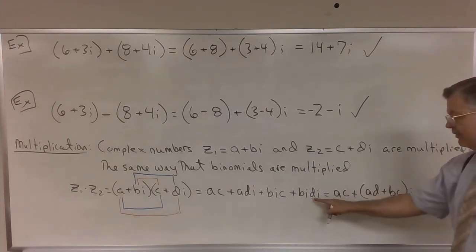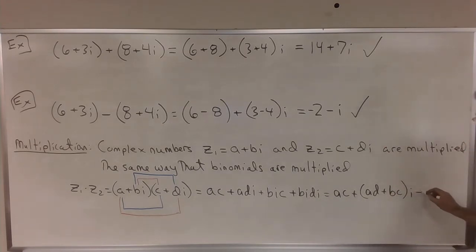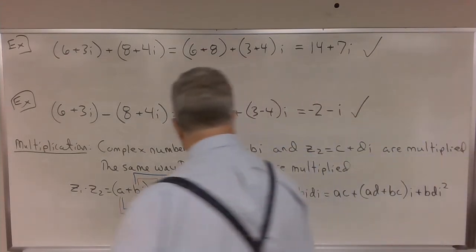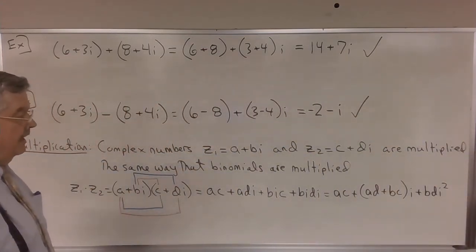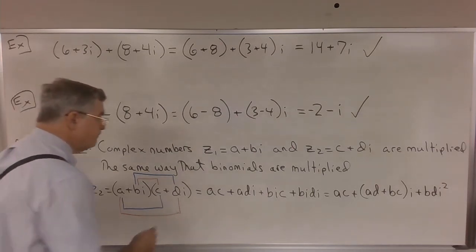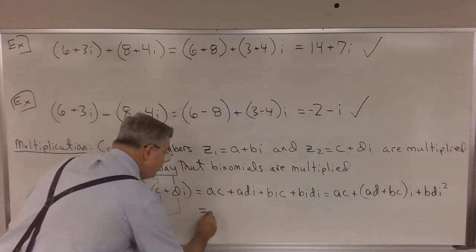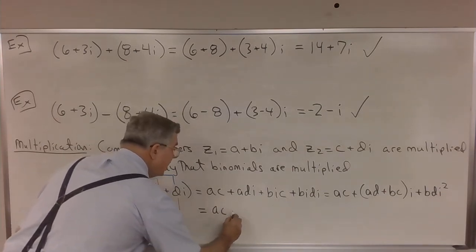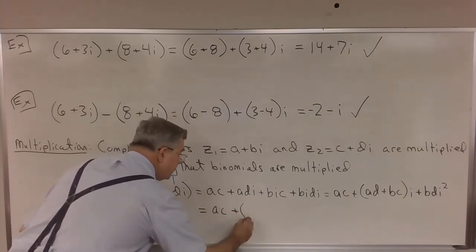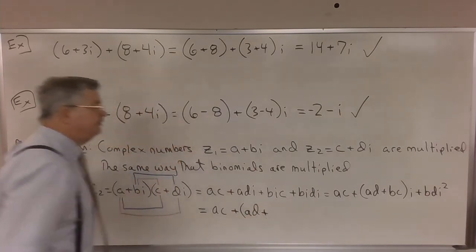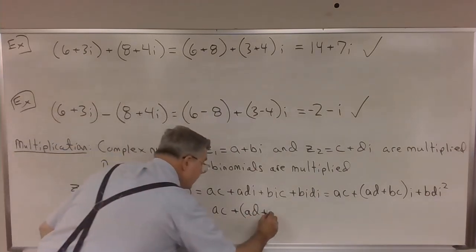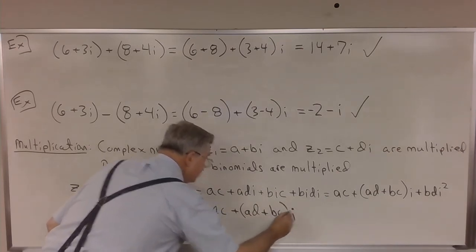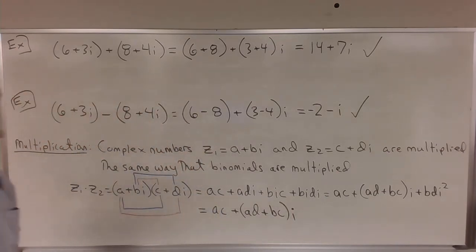And here we have two factors of i, so I'm going to write that as BD i squared. And we can still simplify. AC, I like that, plus AD plus BC times i, I like that.